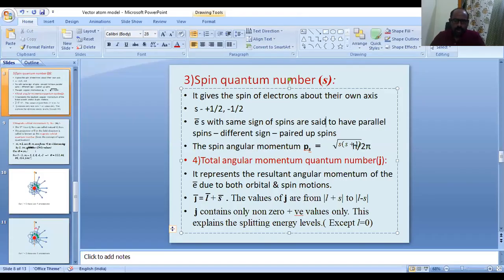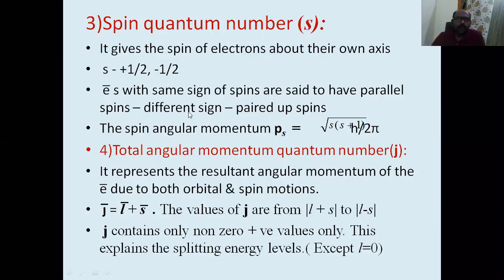If there is a different sign, we say that they are paired up spins. So if they have the same sign of spins, they are parallel spins; with opposite sign of spins, they are paired up spins, or unparallel spins.